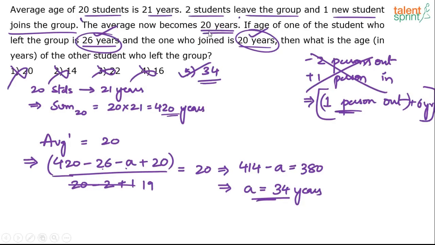Which means the total loss is how much? The one person who's gone out, the average now becomes 20 years. Earlier the average was 21 years.